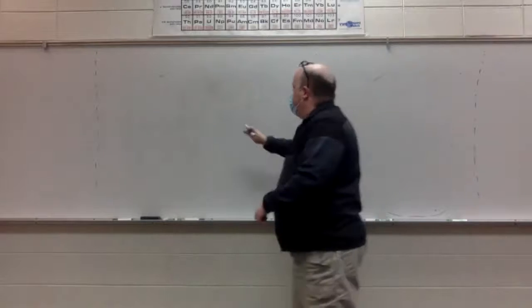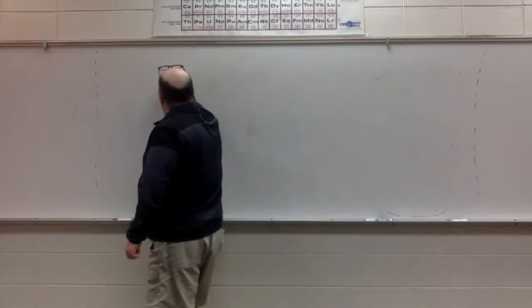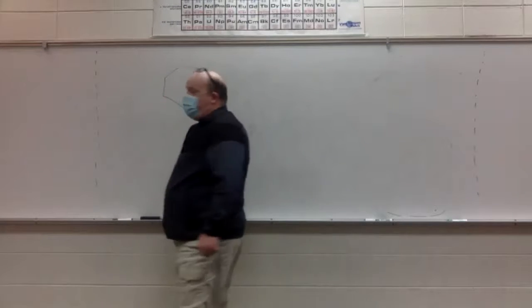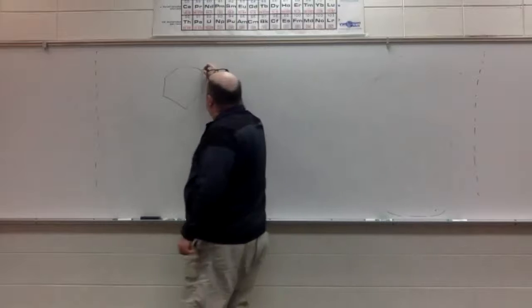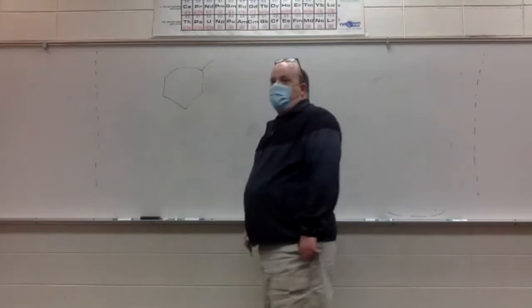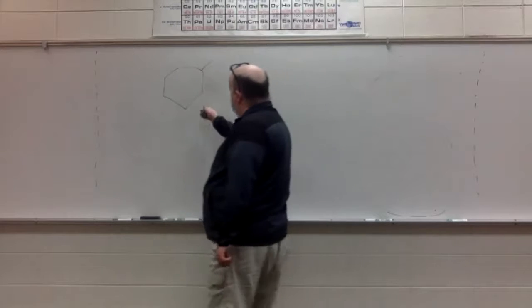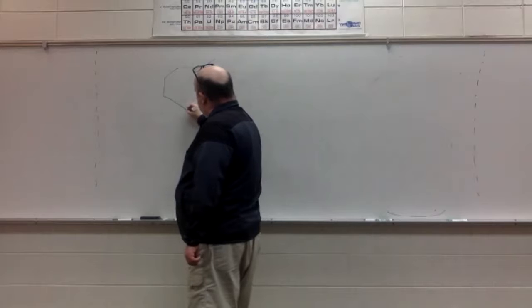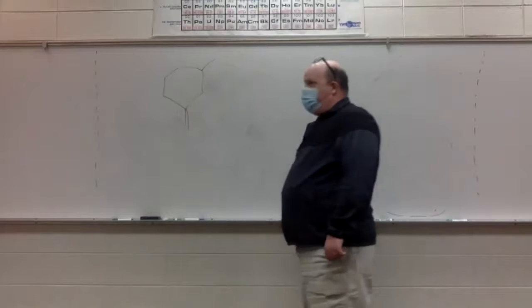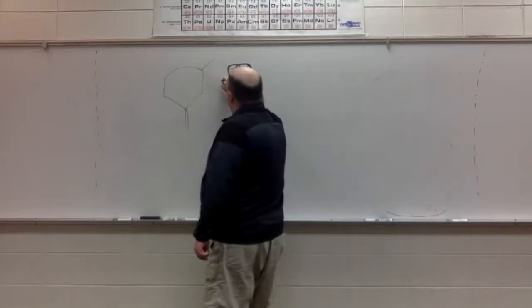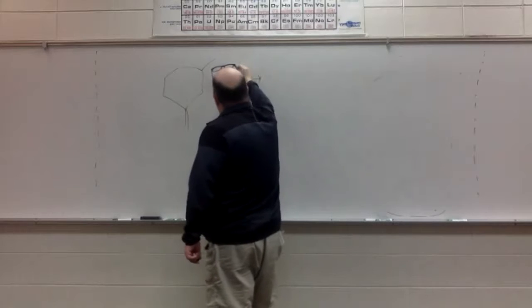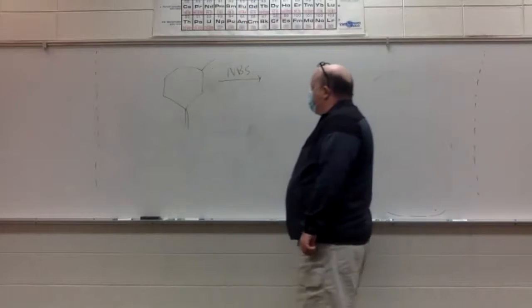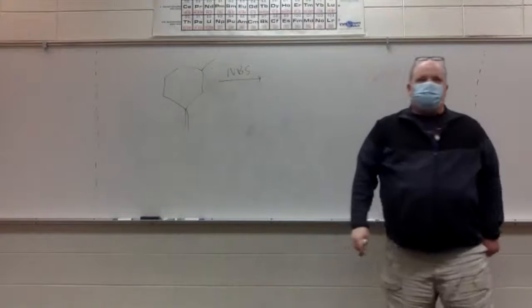Okay, so let's see, you had cyclohexane, and what else? A methyl group. And goes two carbons down to the bottom one, and then a double bond. Like that? Reacted with NBS, and asked for all the possible products. Okay.